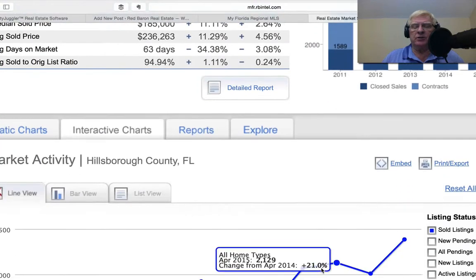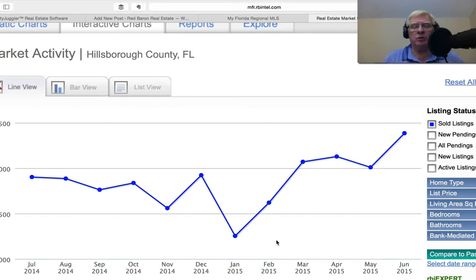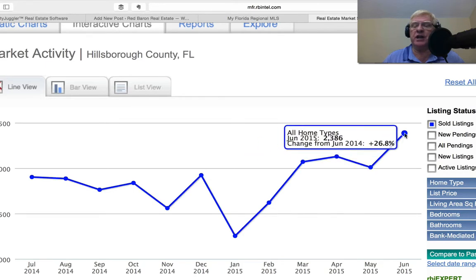When we take a look at this last chart, we can see what's been going on for the last 12 months. Starting in January of 2015, we saw a rapid increase in market activity as measured by new closings.